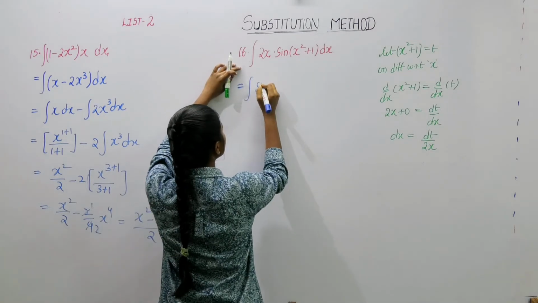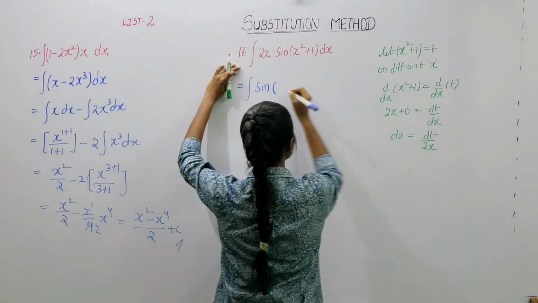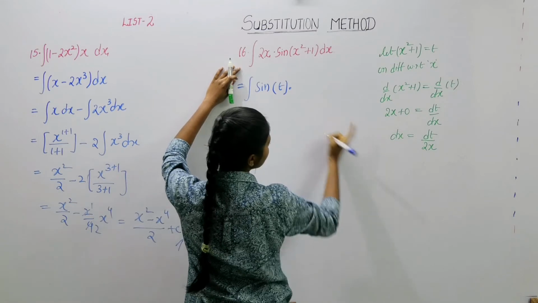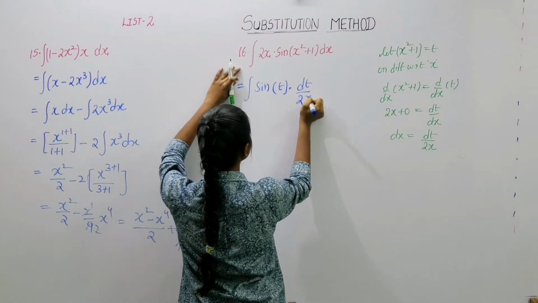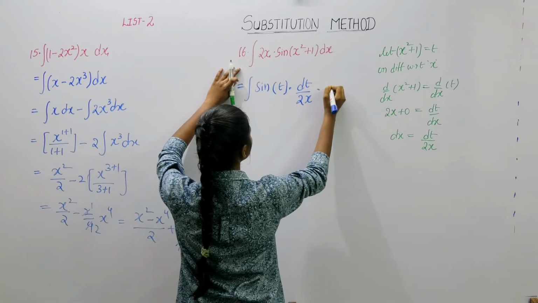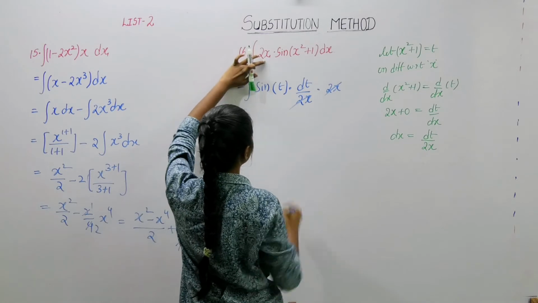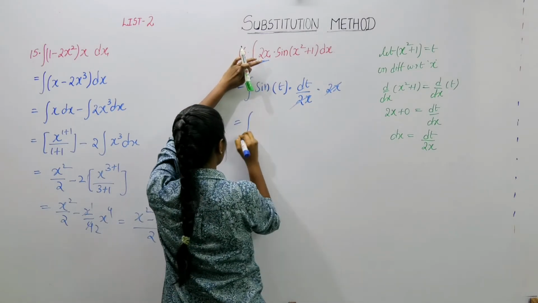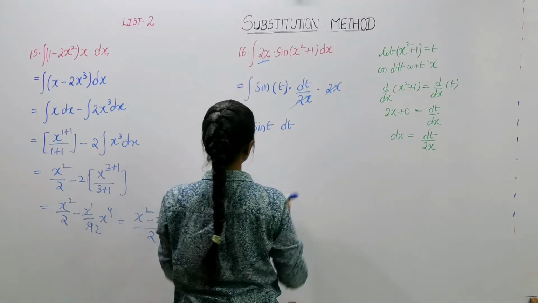Now, when we substitute it here, integral sine of, in the place of x square plus 1, I substitute t, and in the place of dx, I am left with dt by 2x, and I have 2x. This 2x gets cancelled, and we are left with integral sine t dt.